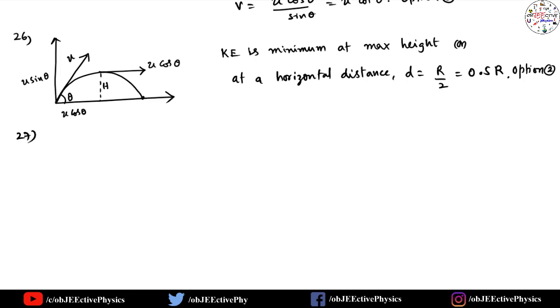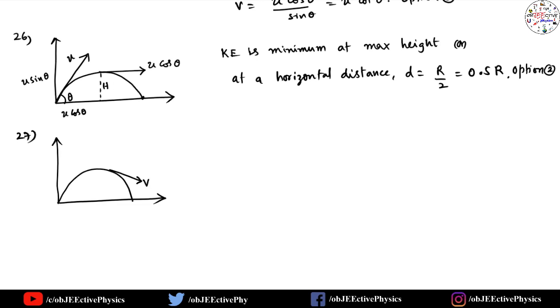Next, 27th question. A projectile is projected at an angle alpha greater than 45 degrees with an initial velocity u. The time t at which horizontal component will be equal to the vertical component? So, in case of projectile, at what time horizontal component is equal to vertical component?